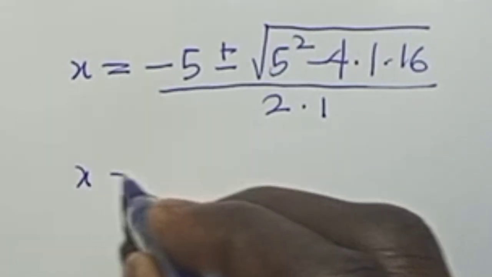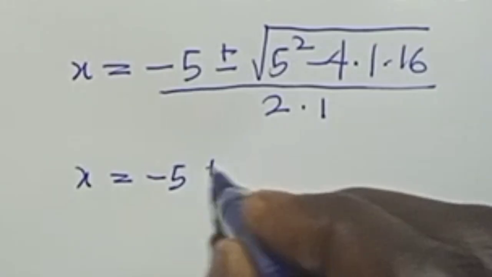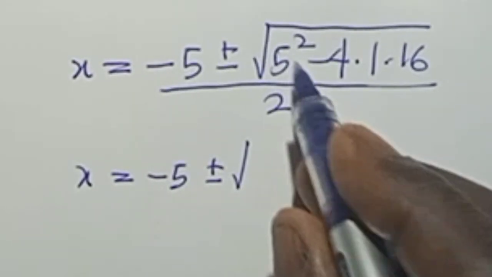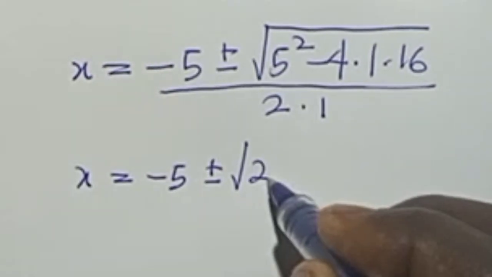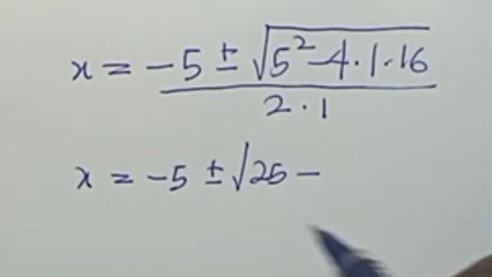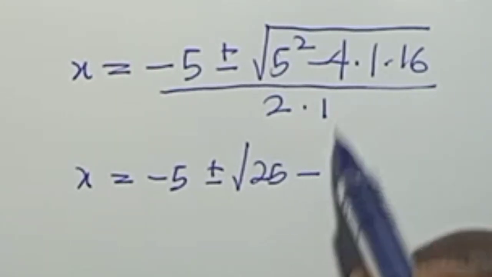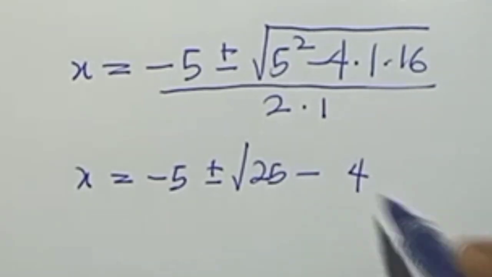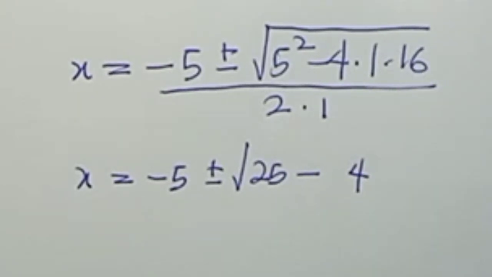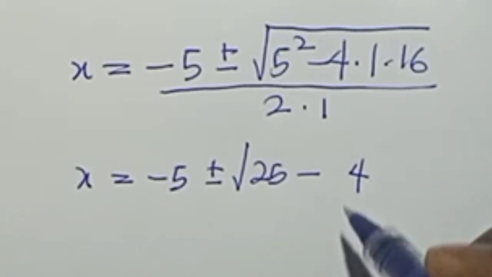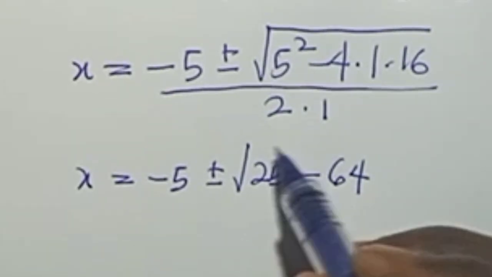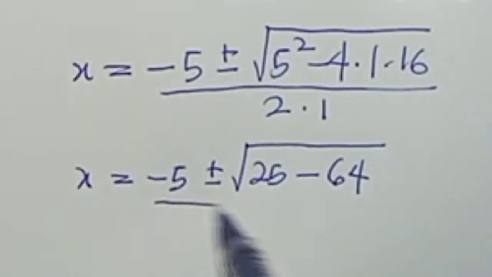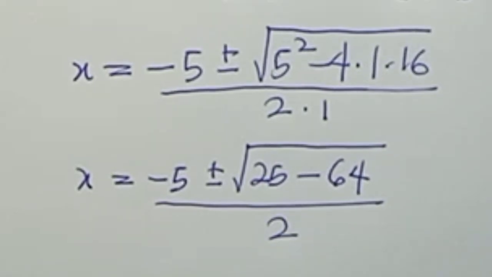So x is equal to minus 5 plus or minus the square root of 25 minus 64, all over 2.